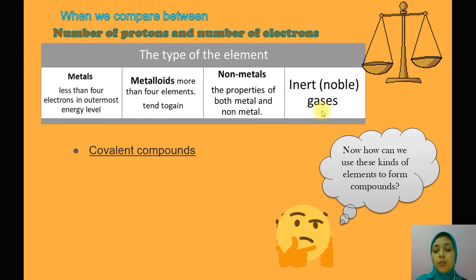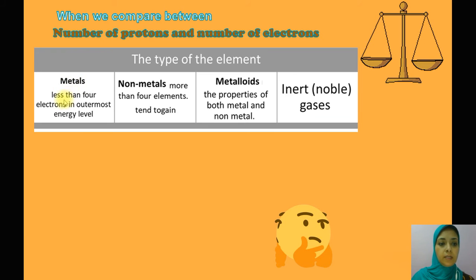Metals have less than 4 electrons in the outermost energy level, so they tend to lose electrons. Non-metals have more than 4 electrons, so they tend to gain electrons to complete the outer level and reach the nearest noble gas as a star.